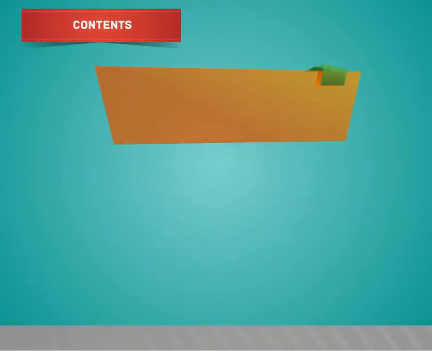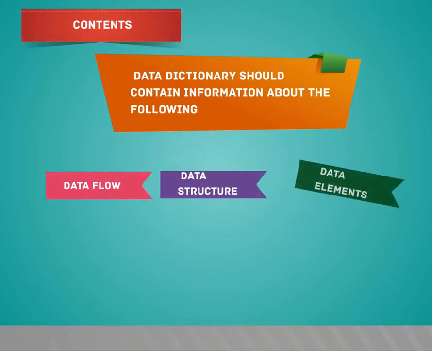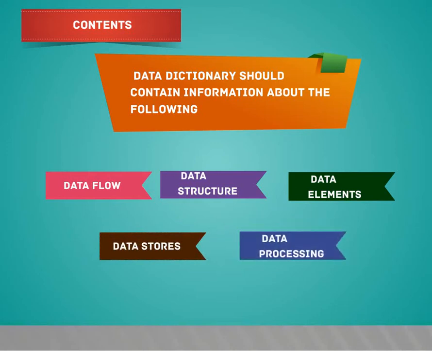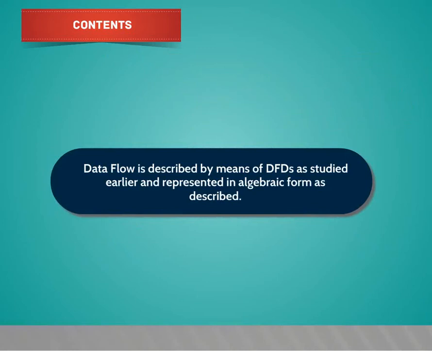Contents. Data Dictionary should contain information about the following: data flow, data structure, data elements, data stores, data processing. Data flow is described by means of DFDs as studied earlier and represented in algebraic form as described.